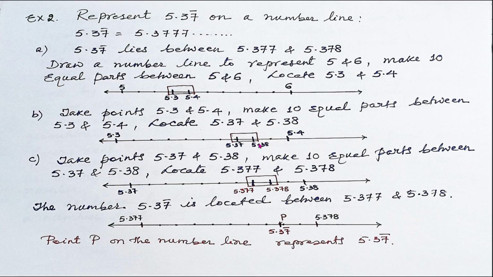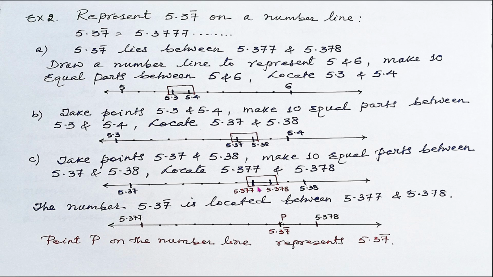Take points 5.37 and 5.38, magnify it, and we get another new number line which represents 5.37 and 5.38, and the portion between 5.37 and 5.38 is divided into 10 equal parts, and the two numbers 5.377 and 5.378 are located on the number line.